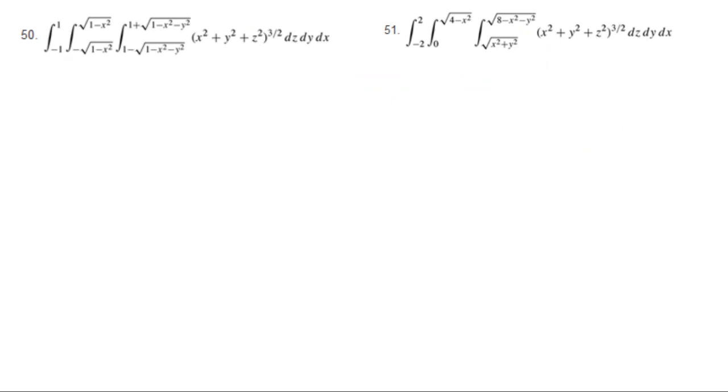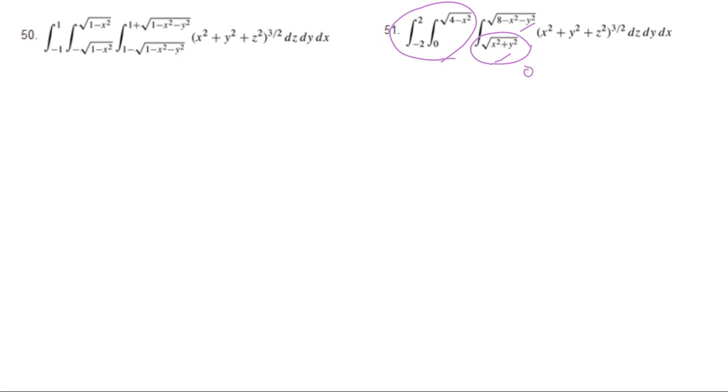All right, so let's see. This is a cone with a sphere. The intersection is a circle. The cone is the one which goes up.